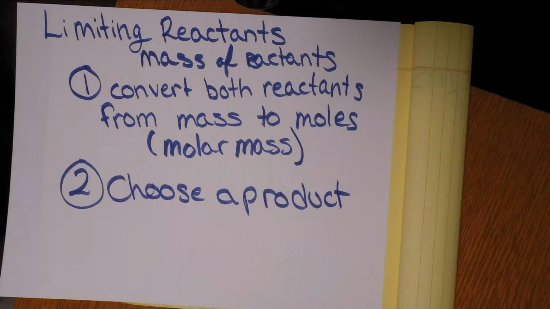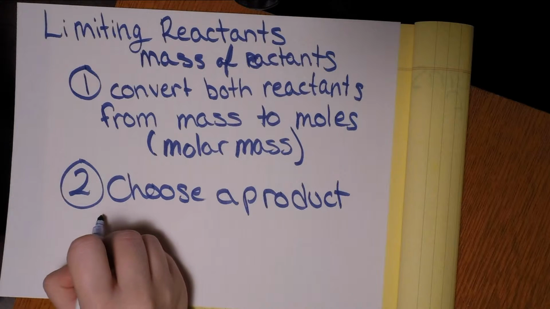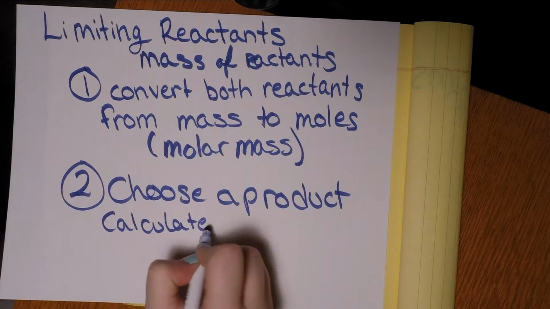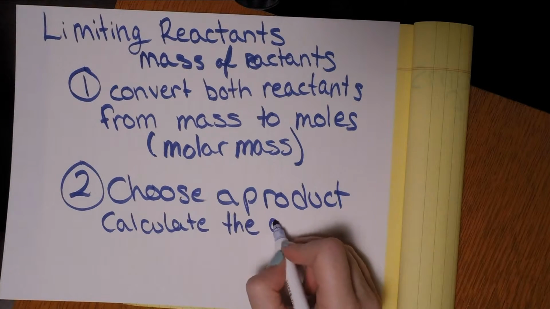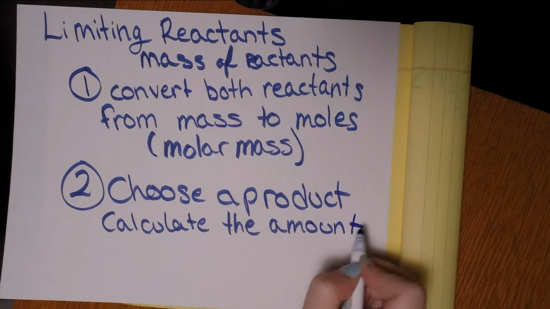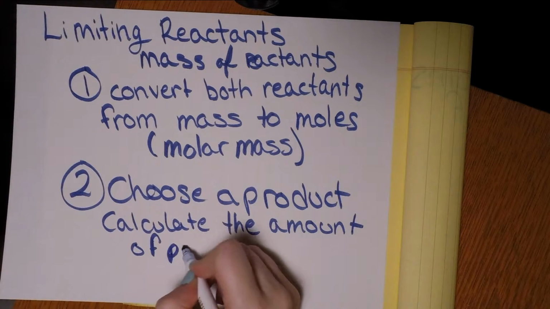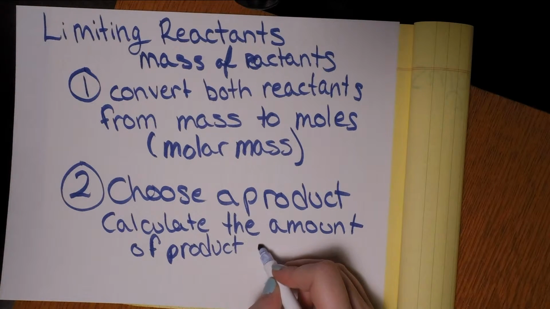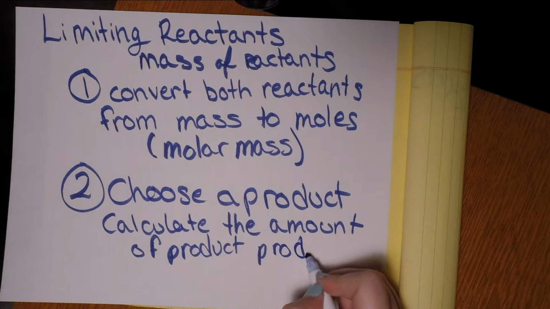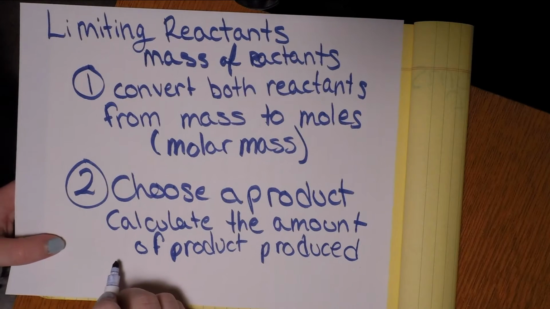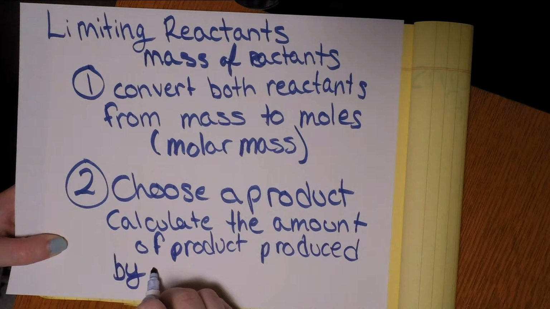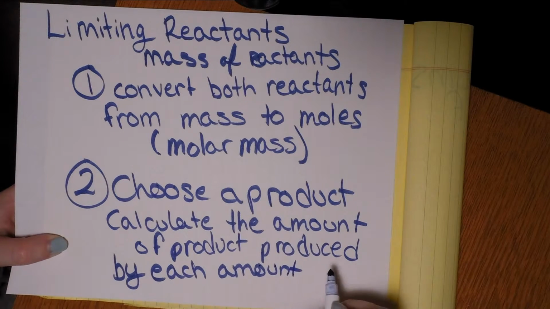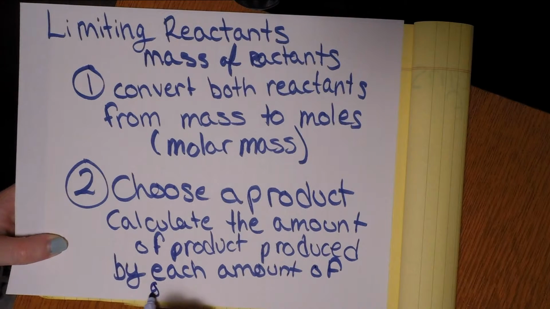So you're choosing a product, and what you're going to do is calculate the amount, i.e. moles, of that product that would be produced by each amount, i.e. moles, of the given reactant.